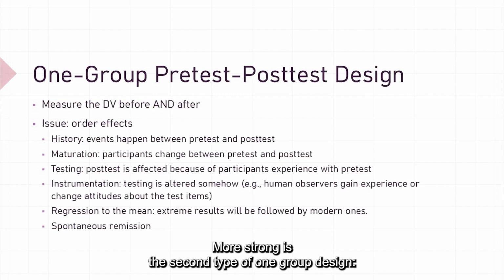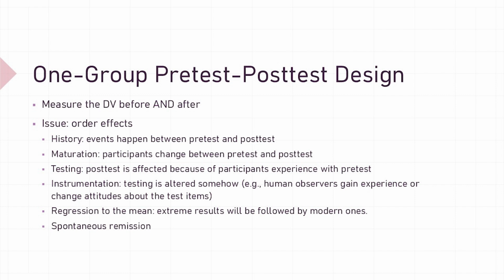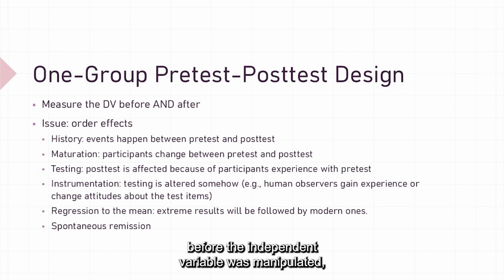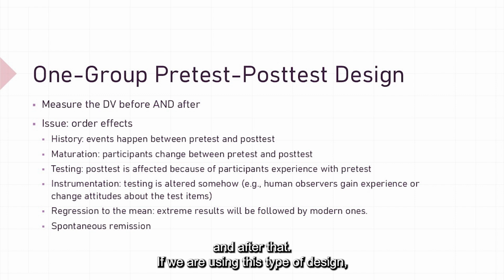Stronger is the second type of one-group design, the one-group pre-test, post-test design. In this case, a dependent variable is being measured twice, before the independent variable was manipulated and after that.